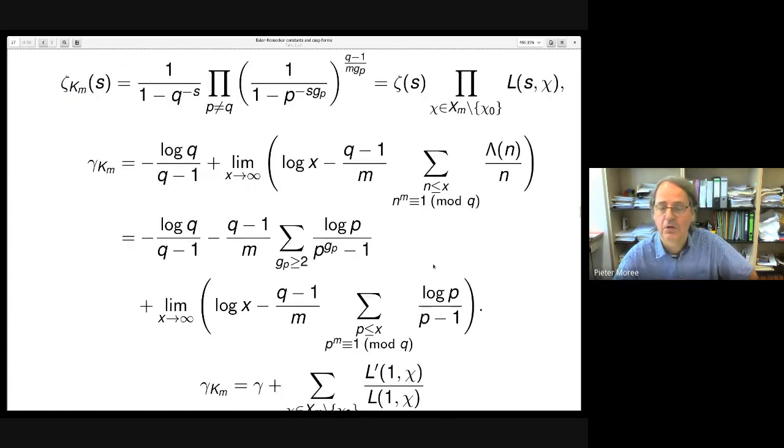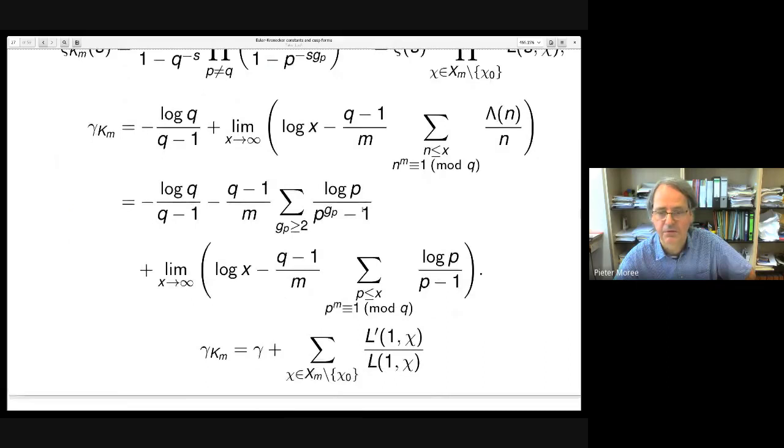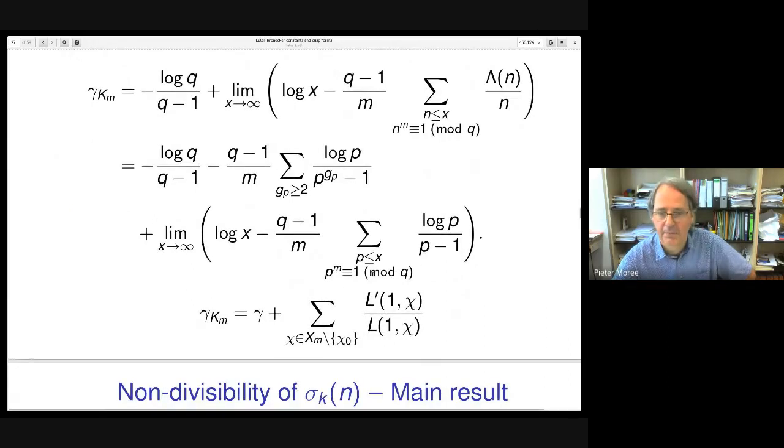The Euler-Kronecker constant you can express as this type of limit. And the limit, if you want to do that, you can also write in terms of primes. And as you then get from here, the behavior of such a constant is very much influenced by the small primes that satisfy this condition, because this term is big if my prime is small.